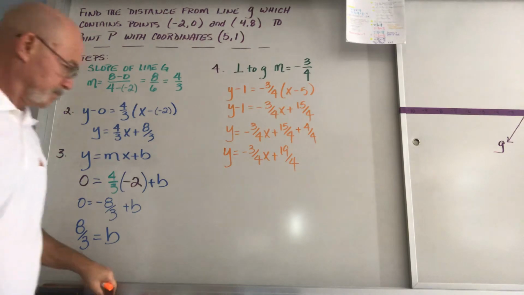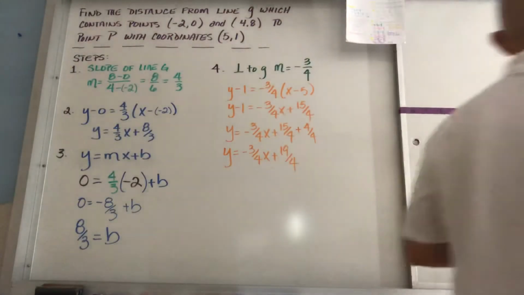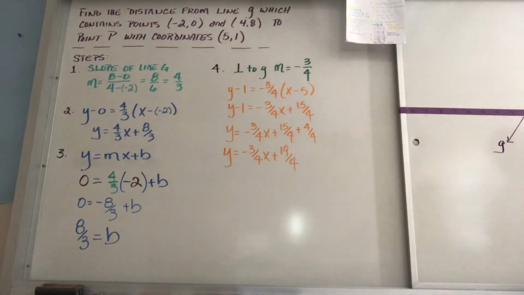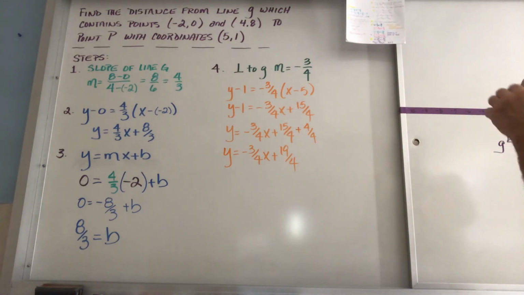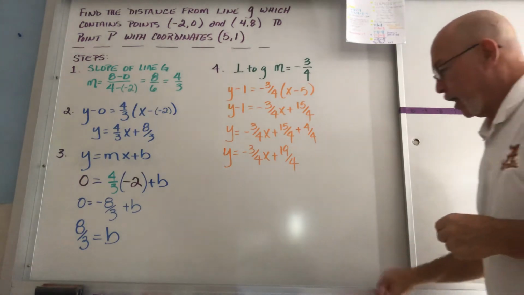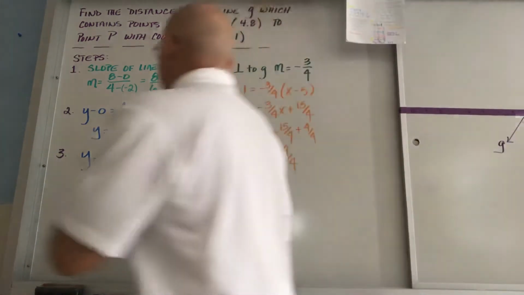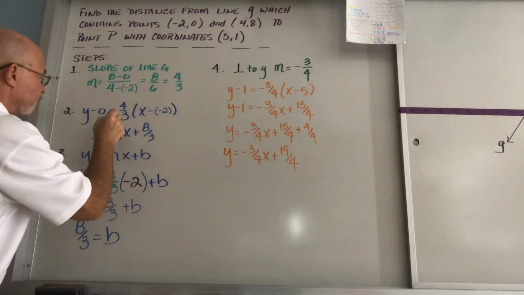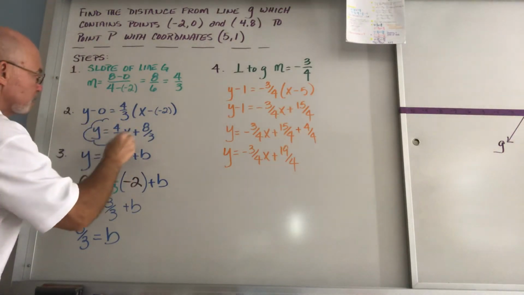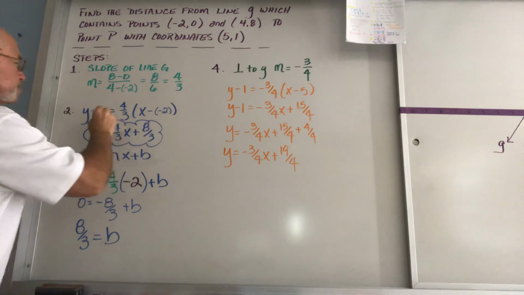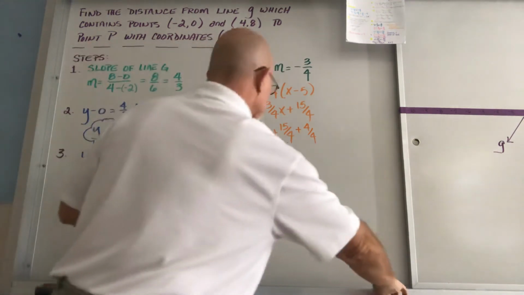Okay? So, our next step. We are going to find the intersection. And we are going to find the intersection of this line and of this line.